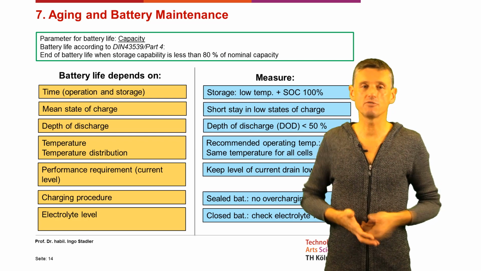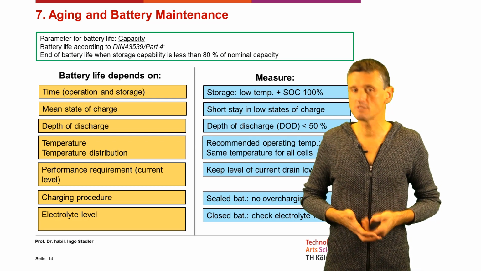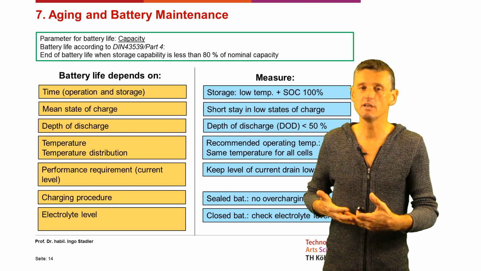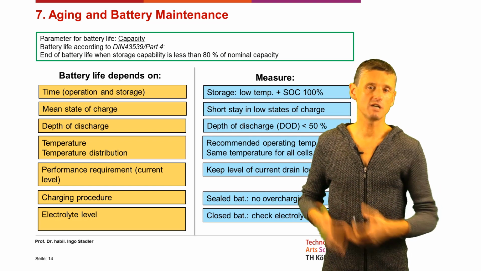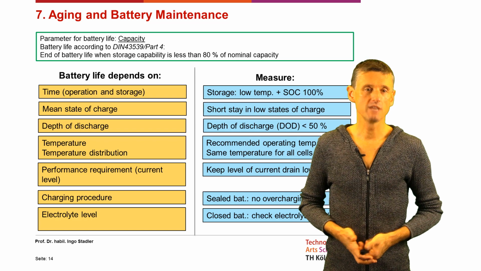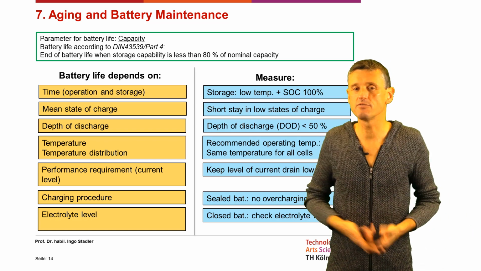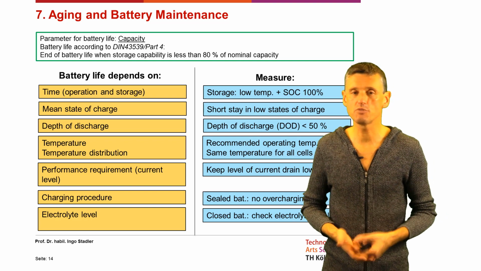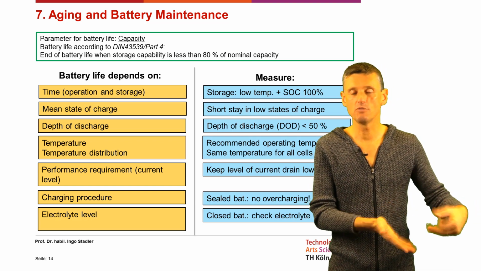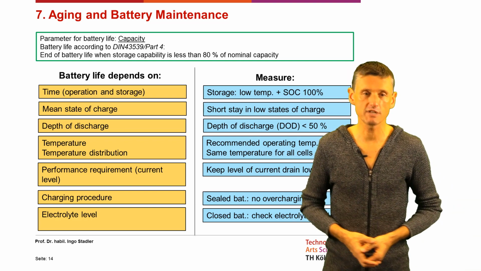The mean state of charge plays a role. That means we should not leave the battery in a low state of charge over a longer time. The depth of discharge plays a role. It is recommended not to be much more or much lower than 50%.